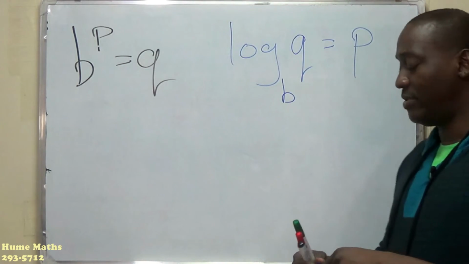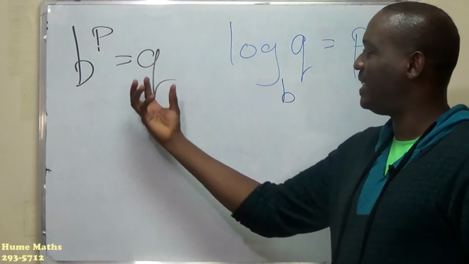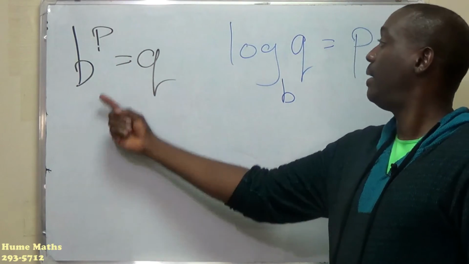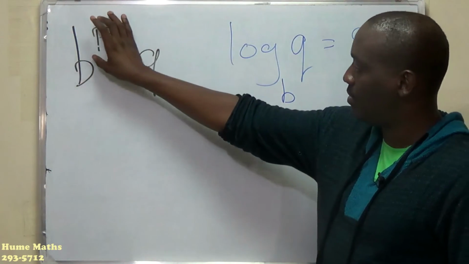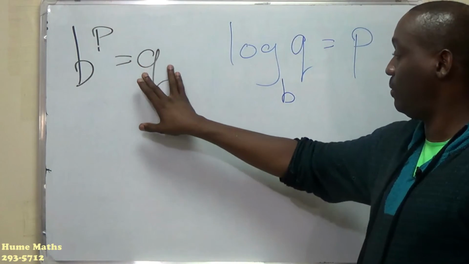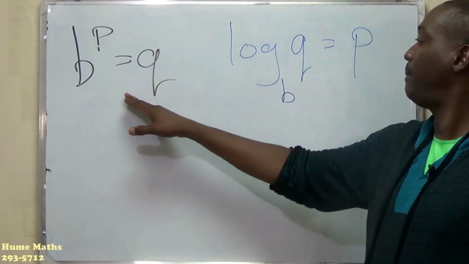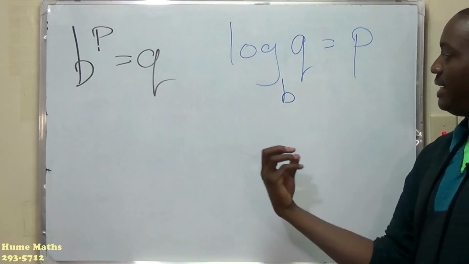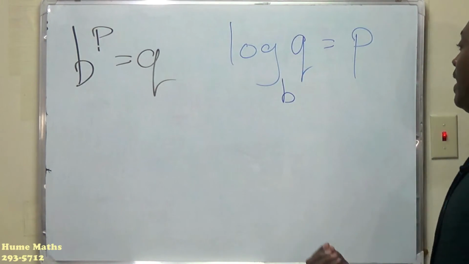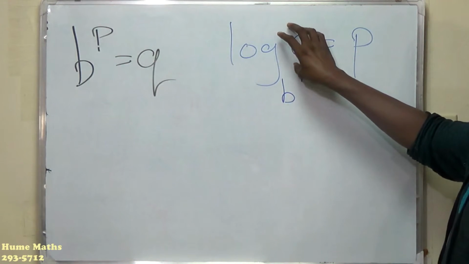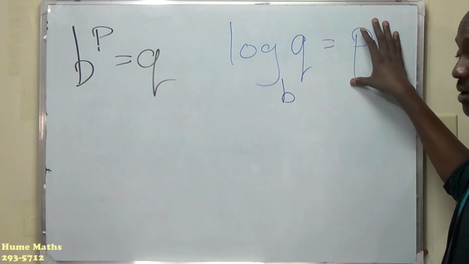So just to reiterate, you have what we call the exponential form on the left side here. Your base to the power of P is equal to Q. Base raised to the power of P is equal to Q, your quotient. Good. And then we say that in a logarithmic form, the log of the quotient Q is equal to P, the power.